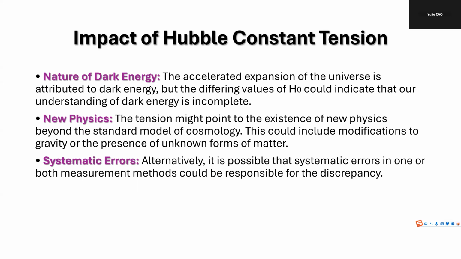The tension might point to the existence of new physics beyond the standard model of cosmology. This could include modifications to gravity or the presence of an unknown form of matter, and systematic errors also may be a possible reason.